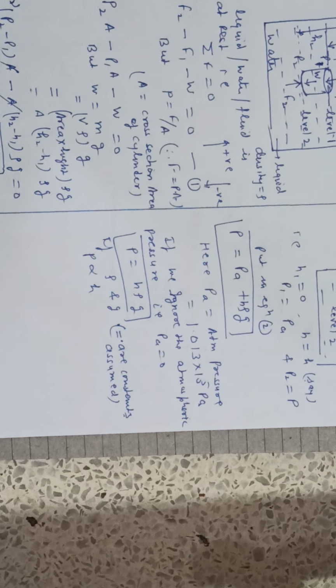So mainly the pressure depends on the fluid height, because density is constant at a particular temperature. We here assume that it is constant. G also we have assumed it is constant, so it means P is directly proportional to H.